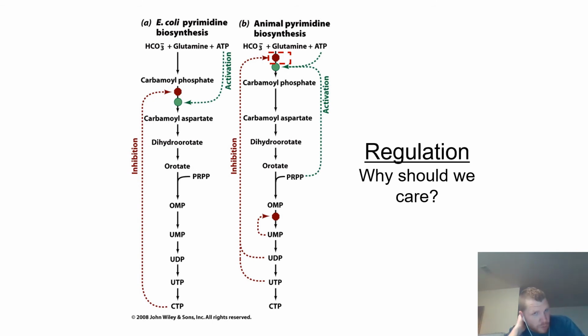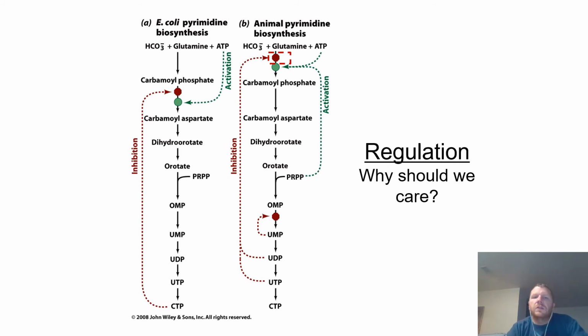Okay, so regulation, what do we have that is going to be activating, and what do we have that's going to be inhibiting? Now, we've got ATP that is going to activate the carbamoyl phosphate to carbamoyl aspartate reaction. Okay. So that was in E. coli pyrimidine biosynthesis.